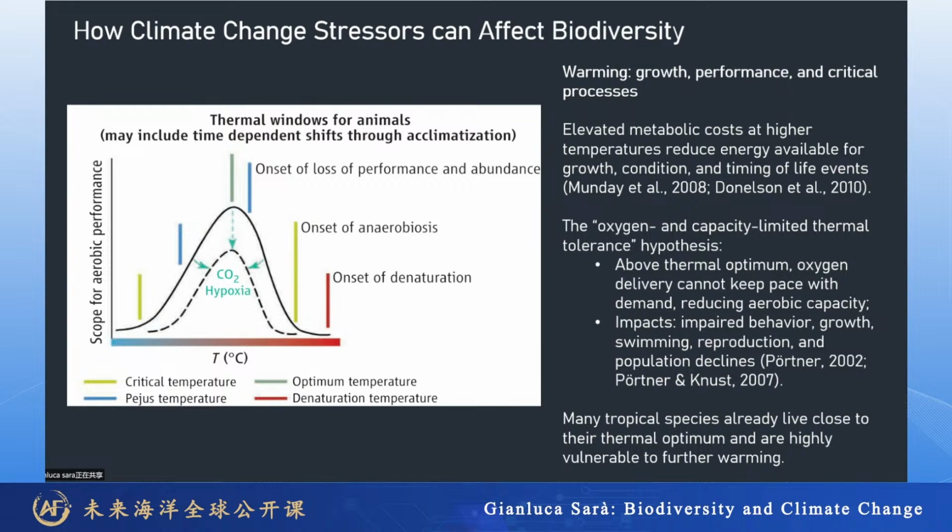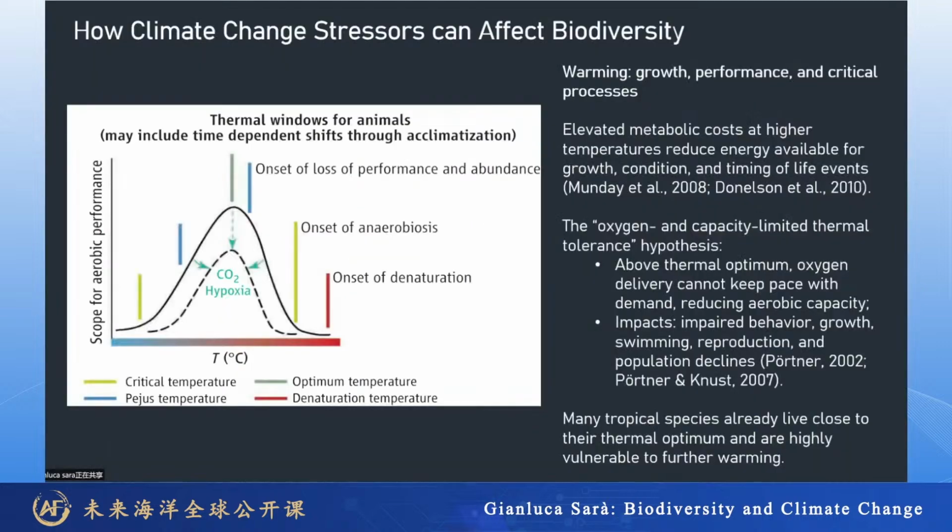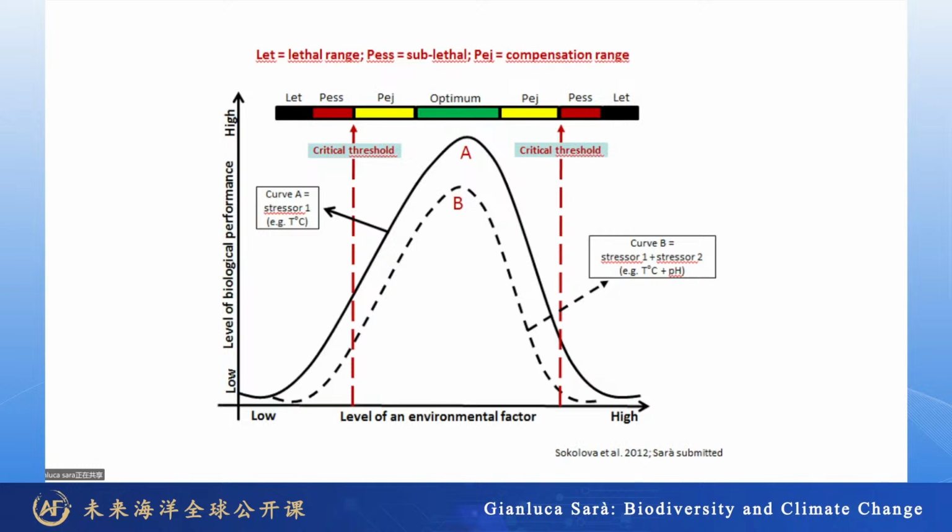You know that most organisms, or ectotherms, on this planet usually have this type of response if you change the local conditions, local factors. This is the Inna Sokolova model, which emerged from the Hans Otto Pörtner model. Why are these models important?